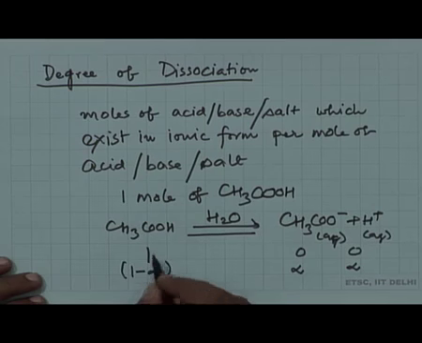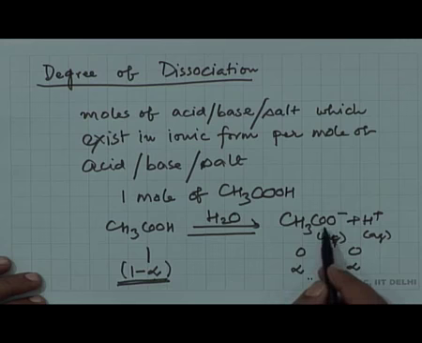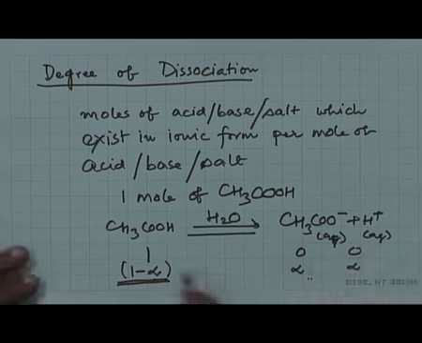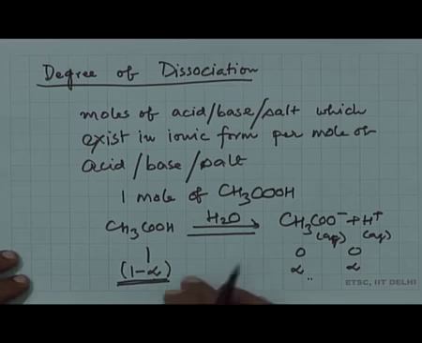So, alpha mole of acetic acid has gone to ionic form, and the ions generated are alpha mole of acetate ion and alpha mole of H plus ion. So, this is the degree of dissociation. Here alpha is the degree of dissociation, since alpha mole out of a total of 1 mole of acetic acid has gone to solution.